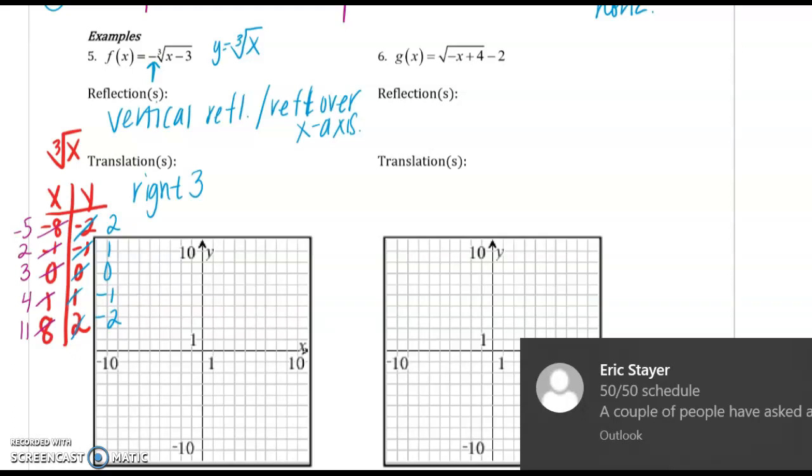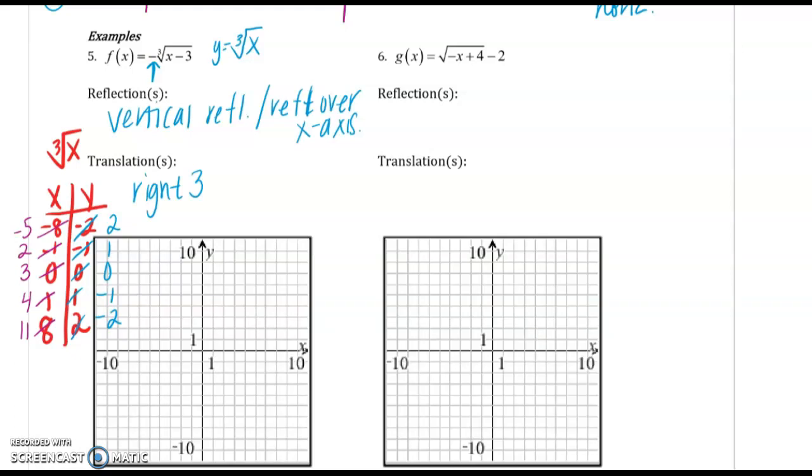Okay? And now we can just plot our points. Negative 5, 2, then negative 2, 1, then 3, 0, then 4, negative 1, and 11, negative 2. And you can see that it makes that snake, except it's upside down and shifted to the right 3.